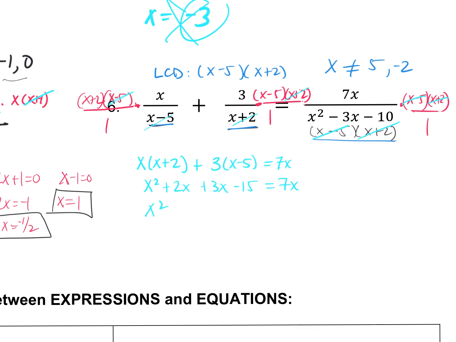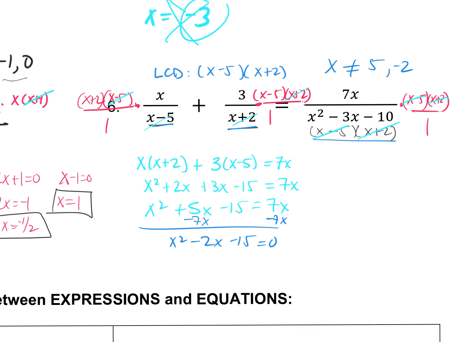X squared plus 5x minus 15 equals 7x. So since I have a quadratic, I need to set it equal to 0. So move the 7x to the other side. Let's use a different color. All right, so I get x squared minus 2x minus 15 equals 0.